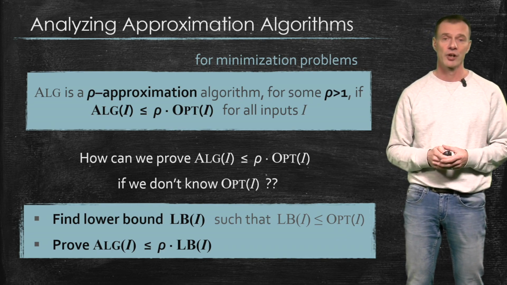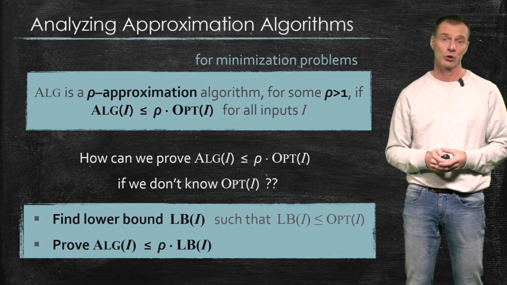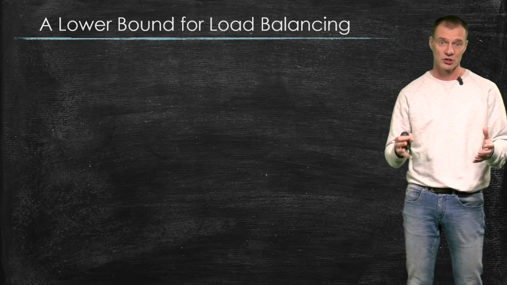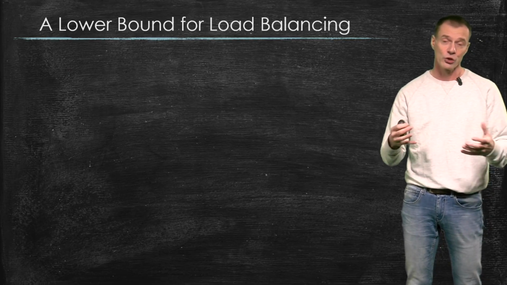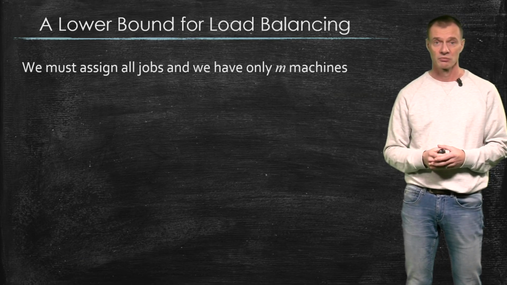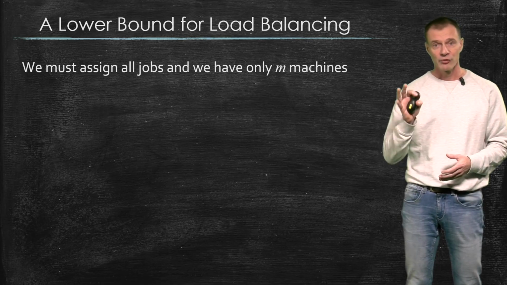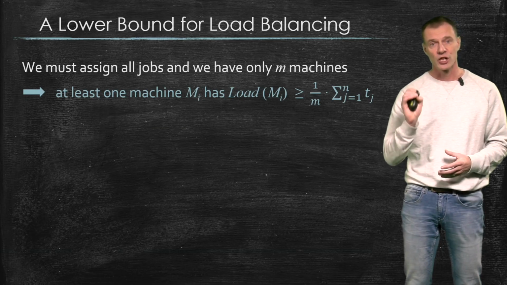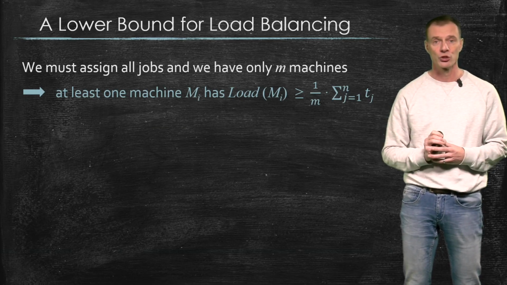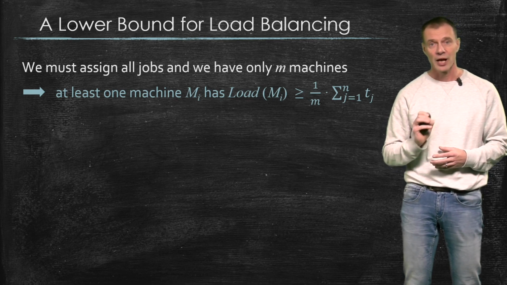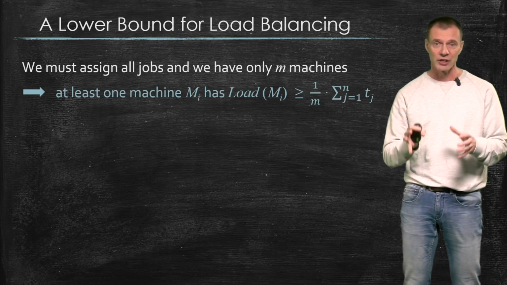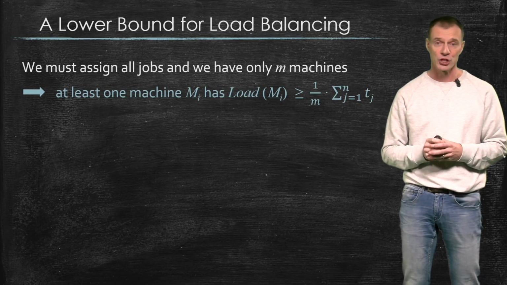So let's try to develop a lower bound for our load balancing problem. The first observation is that since we must assign all the jobs to one of our machines, that's what a valid solution would be, if you take the sum over j equals 1 to n of all the processing times t_j, and now I multiply by 1 over m, where m is the number of machines, then this would be the average load of all the machines.